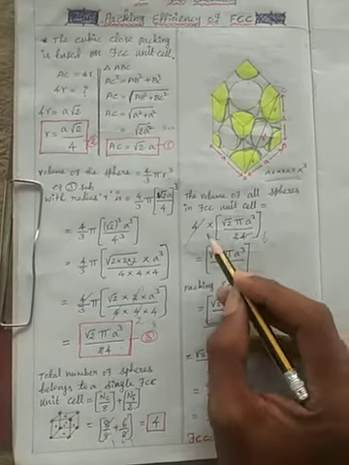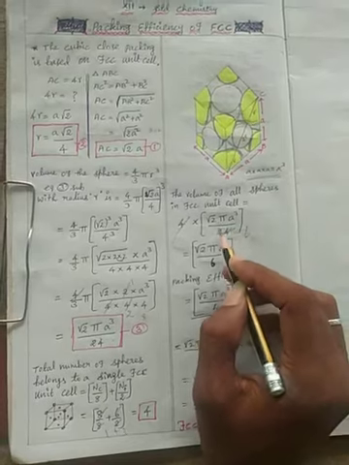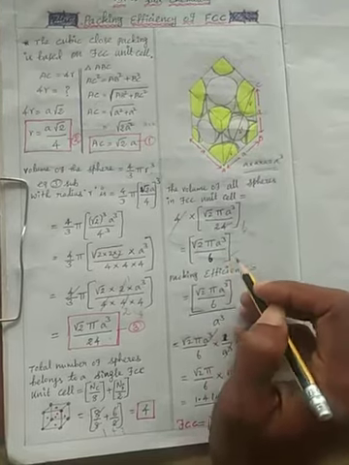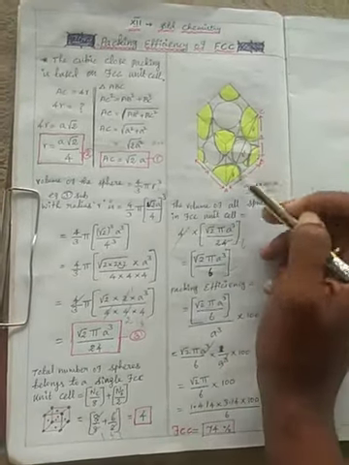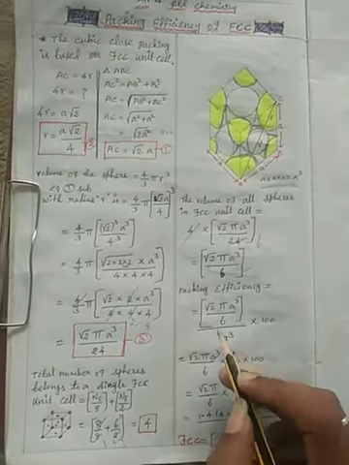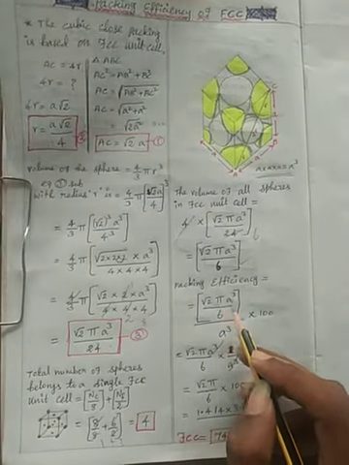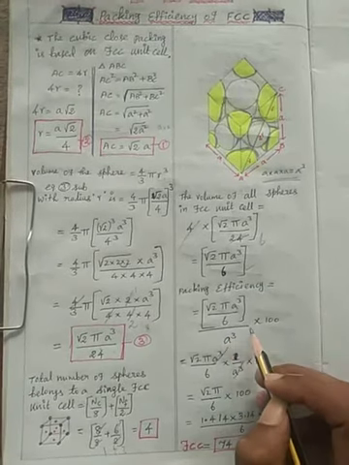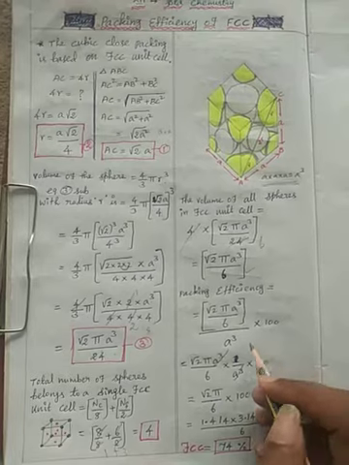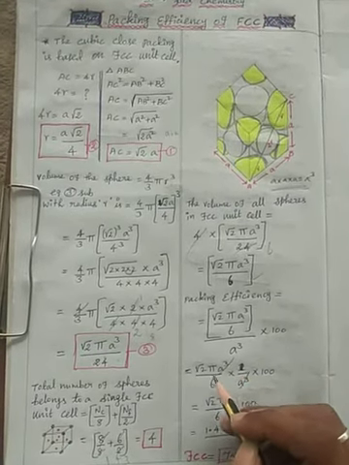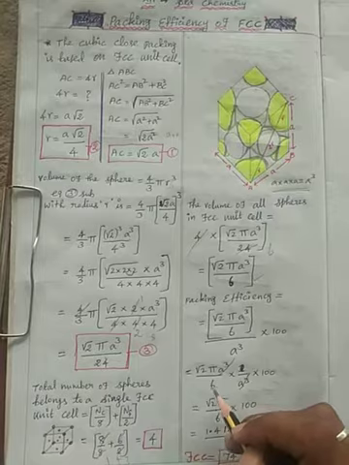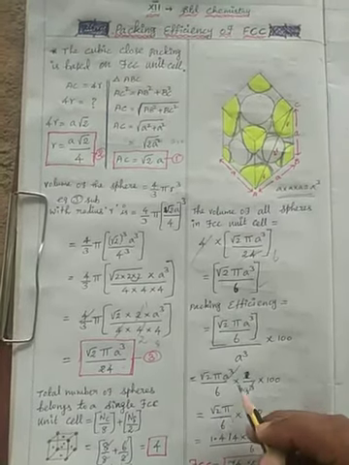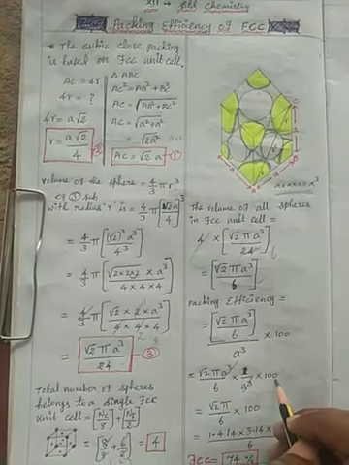Cancelling the division: 1 four is 4, 6 fours are 24. Applying this in the packing efficiency formula with the volume of the cube a cubed: root 2 pi a cubed divided by 6, whole divided by a cubed, into 100%.